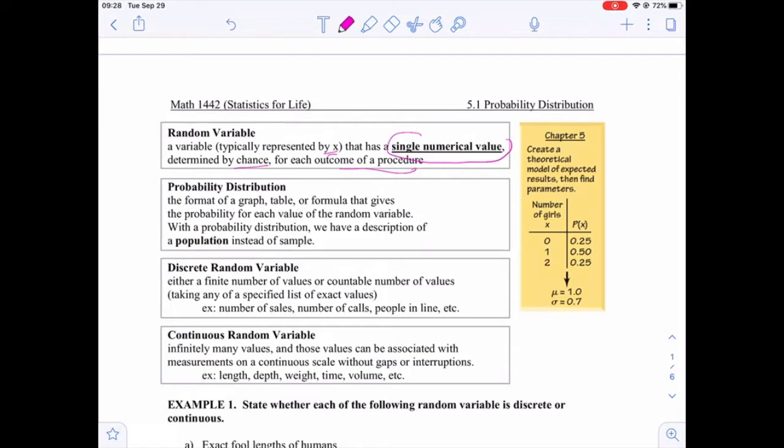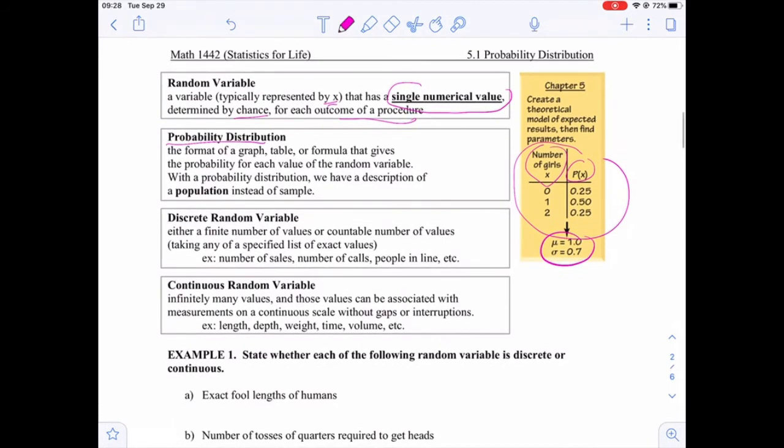It's sometimes called a function, but let's just use random variable. Now, a probability distribution is a table or distribution that has the random variable values and their corresponding probabilities, and we use it to find population parameters.